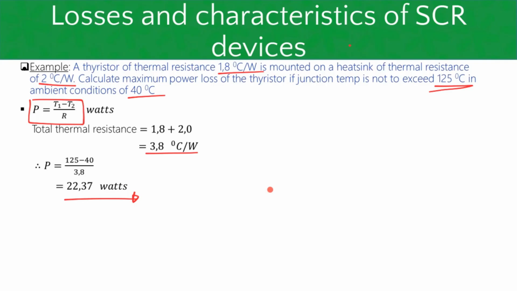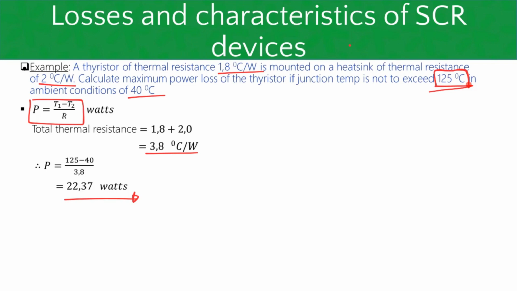If you want some buffer, so if you don't want to operate right at the junction temperature, you can set this temperature lower.